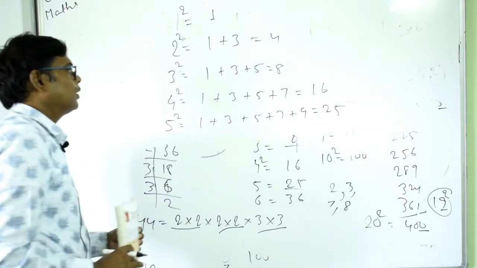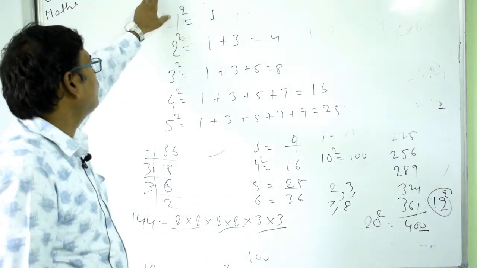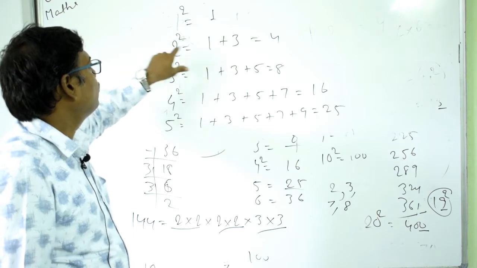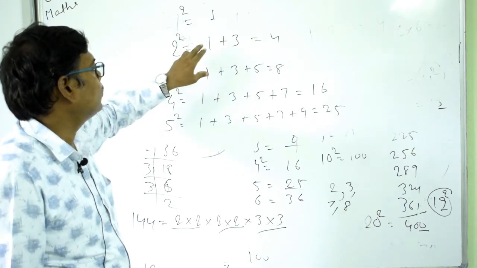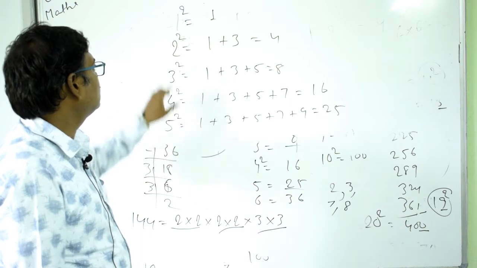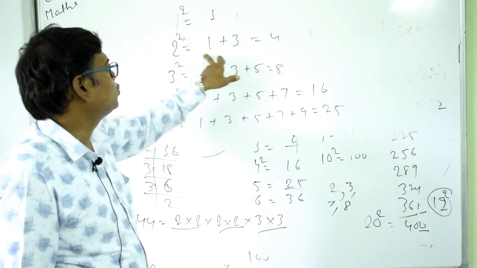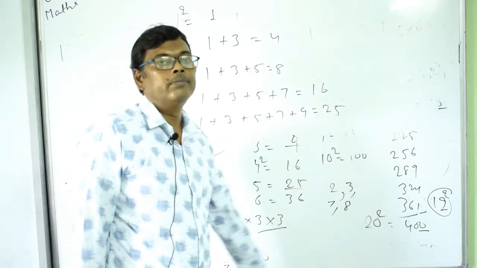So now you can observe that 1 square is 1, and 1 is an odd number. Then 2 square equals 1 plus 3, and 1 and 3 are odd numbers. Here you are squaring 2, so add the first two odd numbers.